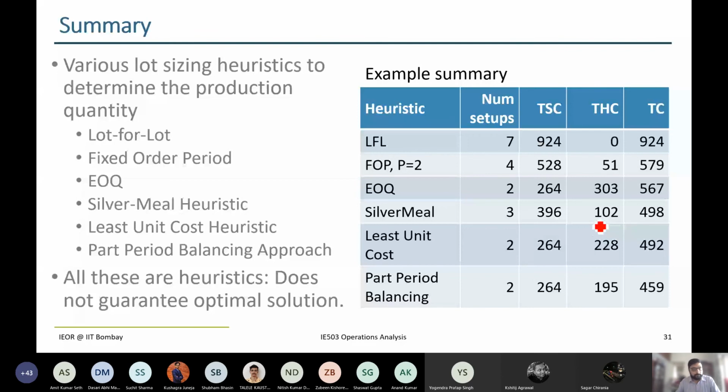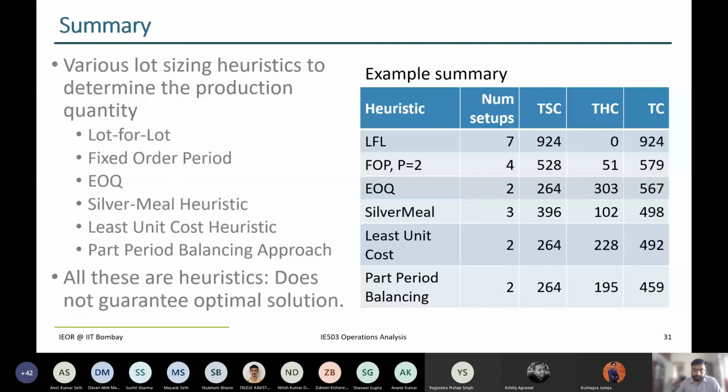Any questions on this? So we looked at various heuristics. Now we can see the model is actually quite straightforward, right? We know the exact deterministic values. We know the lead times.